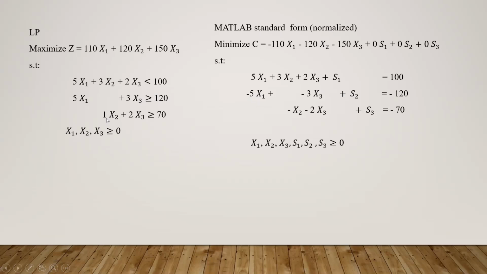So this is 1x1 plus 2x3 more or equal 70, you multiply it with negative, so it becomes minus 1x1 minus 2x3 less or equal minus 70. Then because it's less or equal right now, you need only to add a slack variable. So this is your normalized standard form, acceptable using MATLAB.